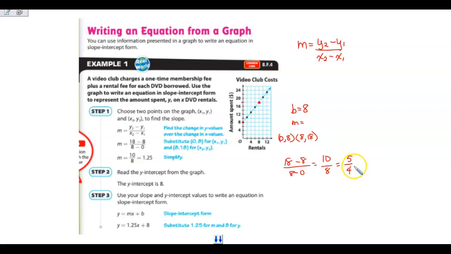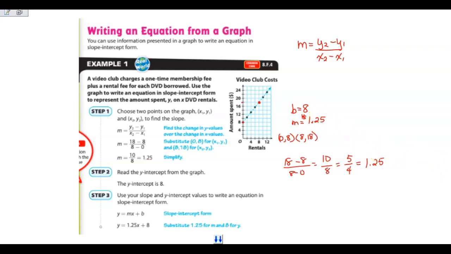And if I were to divide that, I would get 1.25. So my slope is 1.25. If I was just looking for the slope, I would leave it at 5 over 4. But because we're looking at the cost per rental, this is telling me that I need to have it in decimal form so that it would be how many dollars per rental. Okay?